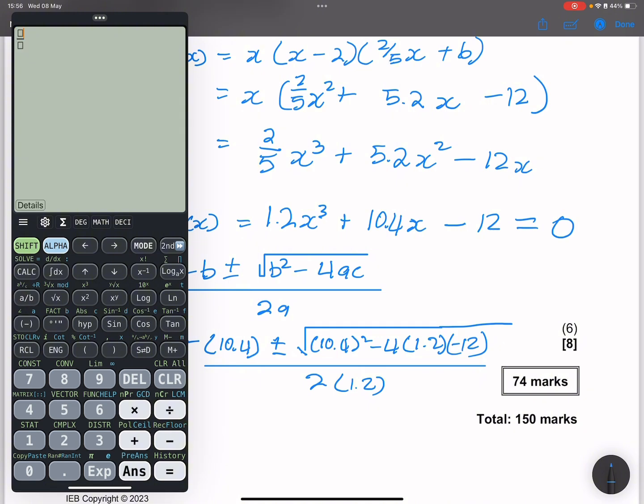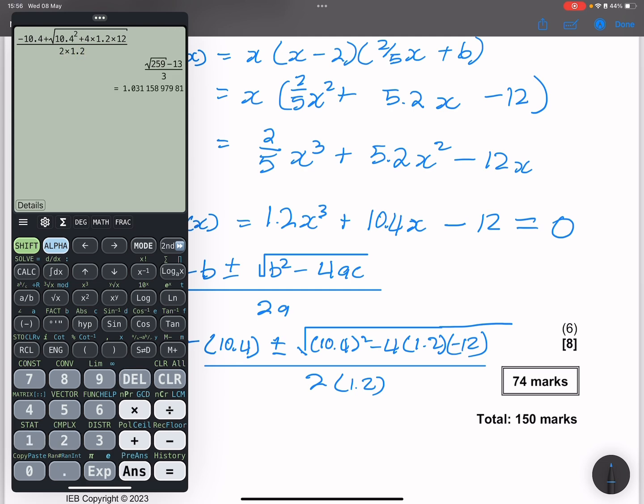Let's say negative 10.4 plus the square root of 10.4 squared, plus 4 times 1.2 times 12, because we had those negatives there, and this is divided by 2 times 1.2.